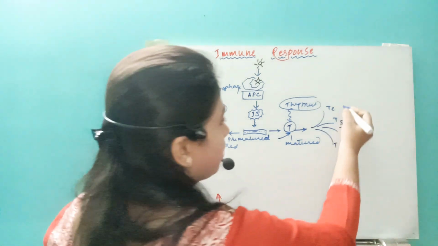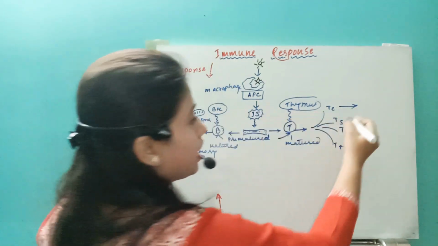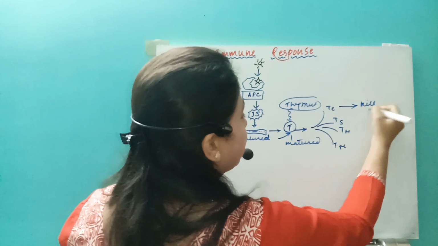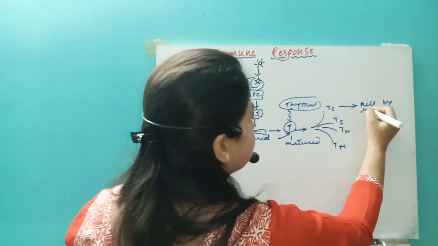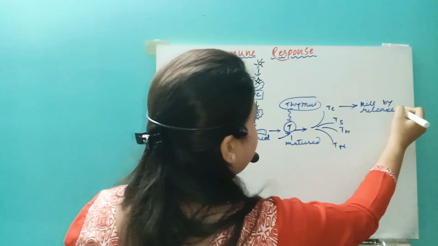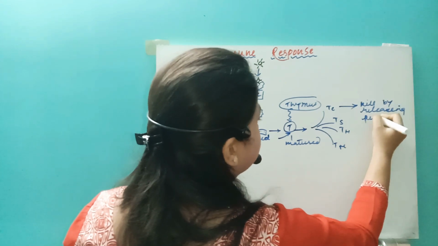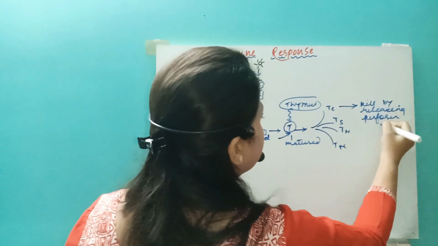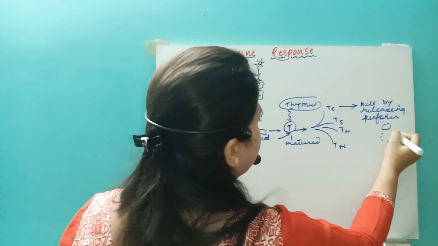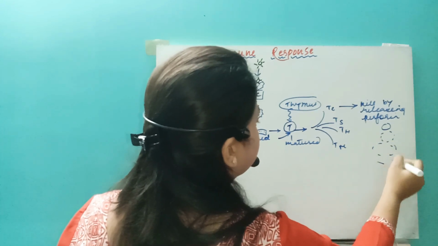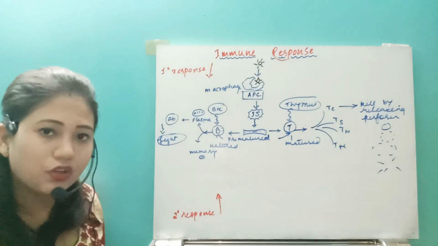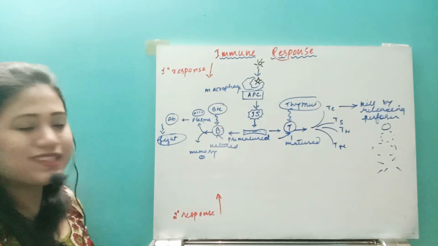And the cytotoxic killer cell will kill the pathogen by releasing the perforin chemical. It will create a pore, then the pore will enlarge and at one point it will burst.